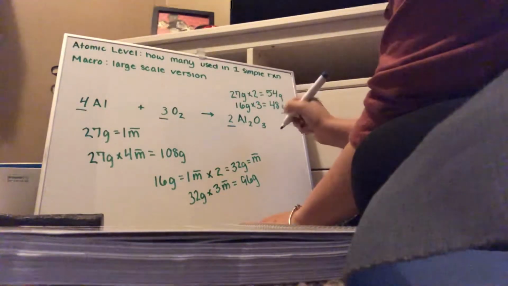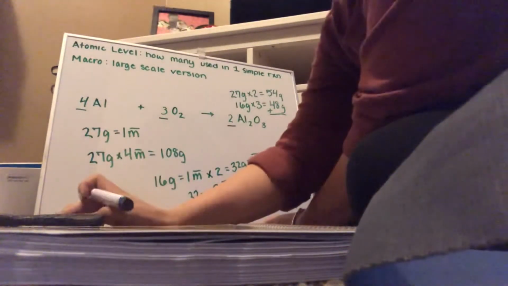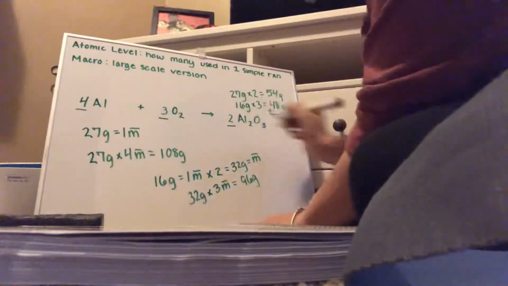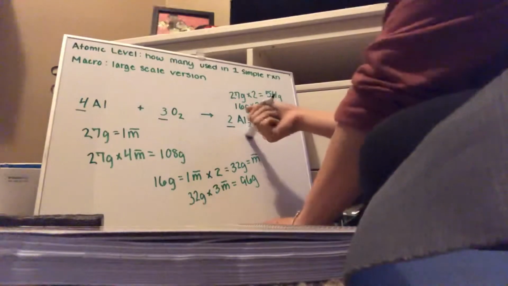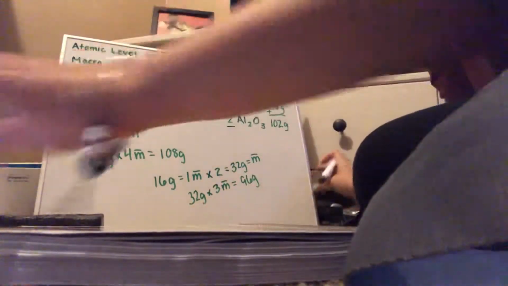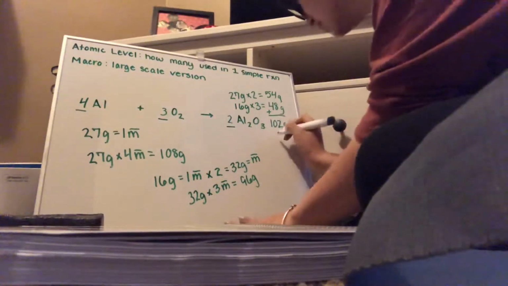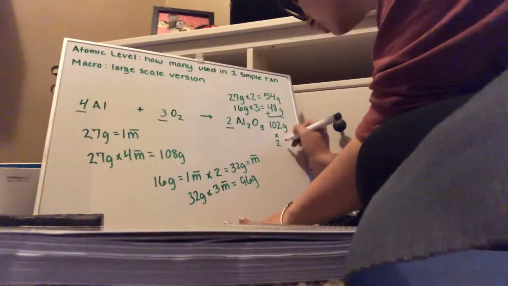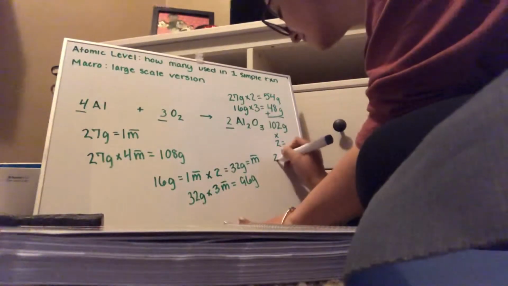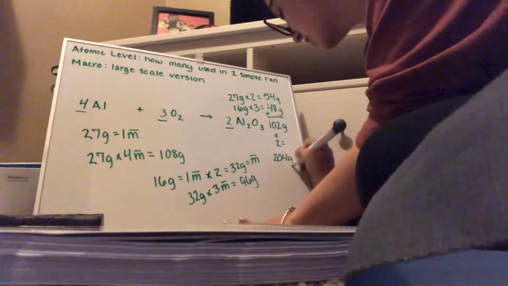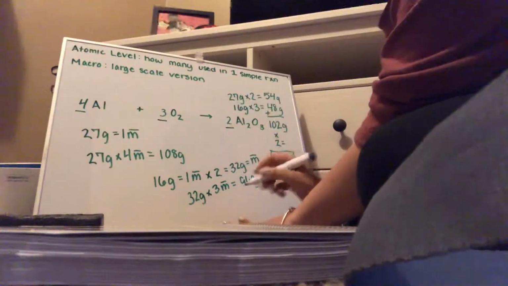Now, you can add these together. And you get the 102 that's there. And you can add these together because they're all part of the same big molecule here. Now you use the stoichiometric coefficient, which is 2, and you can multiply that by 2, and you will get the 204, which is the same if you add 108 and 96.